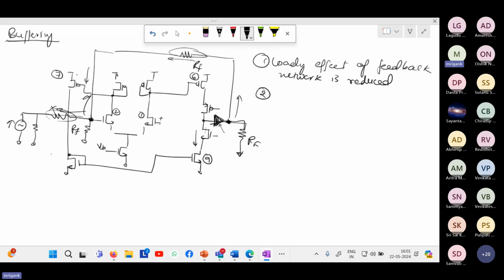Anybody else? Why do we need a buffer? You have studied all this, right? So already partially one answer is given. The other answers are also related to this only. Yes. Anybody else?